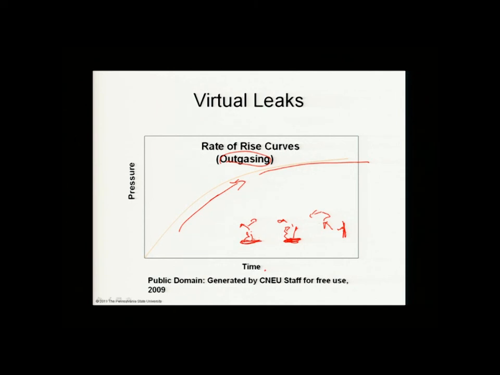These are all virtual leaks, and the rate at which this goes up can tell you how bad these problems are. These are some examples of virtual leaks. We talked about that other example of a screw where you have molecules trapped from the previous history of the chamber being exposed to atmospheric pressure, and molecules getting down into, for example, the threads of a screw and then working their way out. Again, virtual leak, finite supply, plateaus.